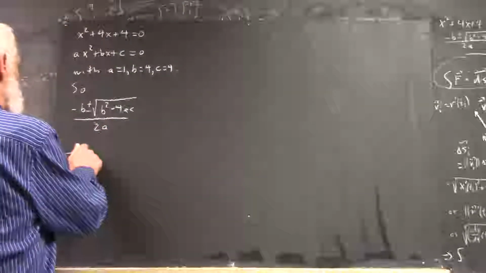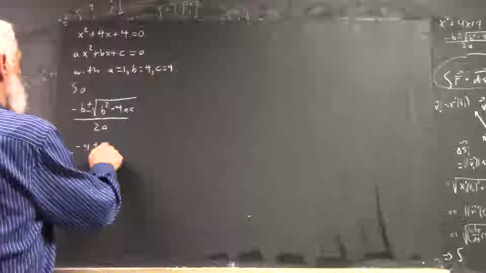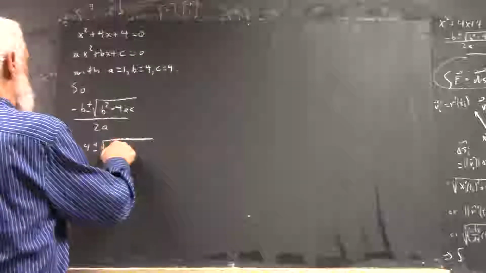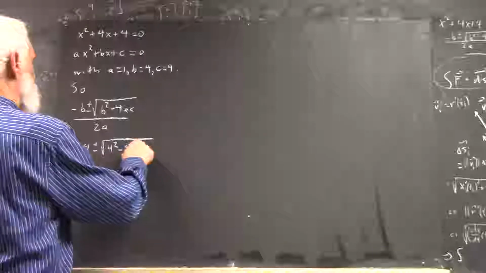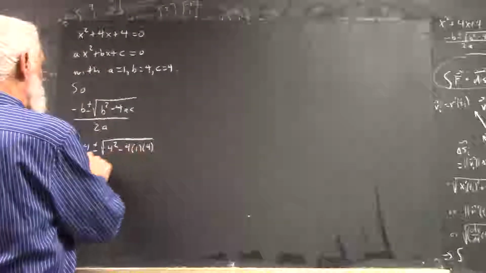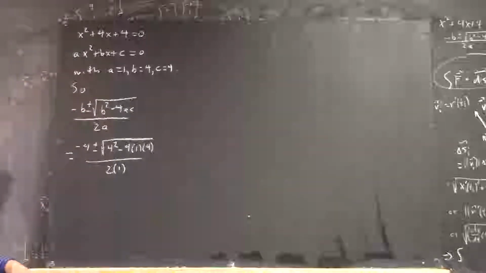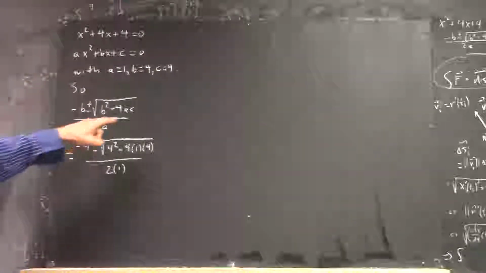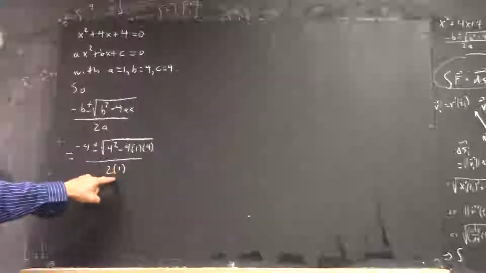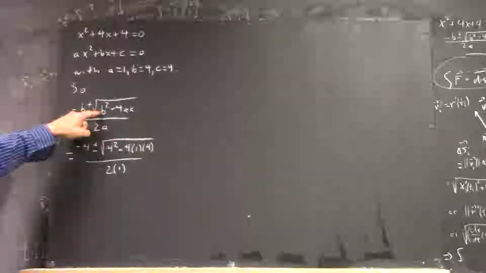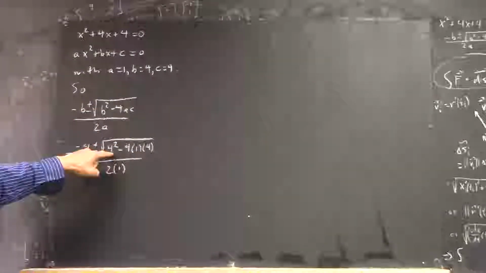So this equals what? Negative 4 plus or minus the square root of 4 squared minus 4 times 1 times 4. All I'm doing is plugging in values of a, b, and c, right? So every a I see, this one and this one, is a 1. Every b, this one and this one, that's a 4, that's a 4.